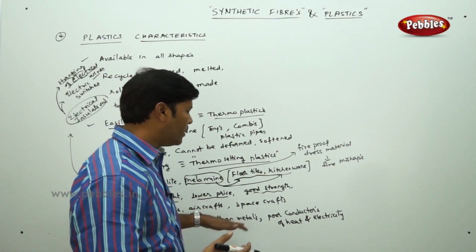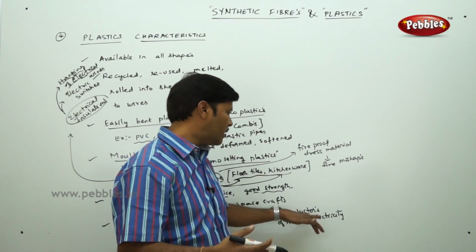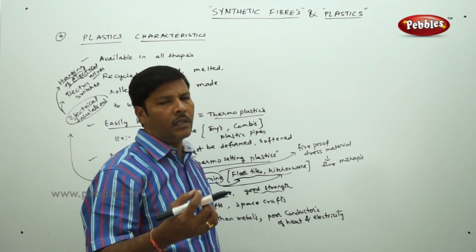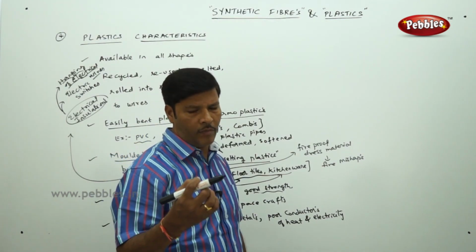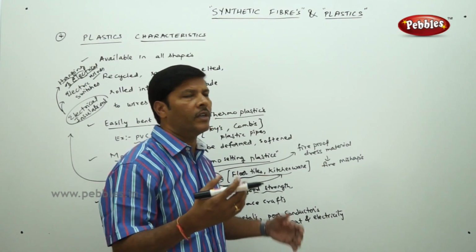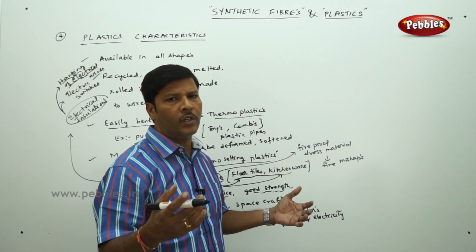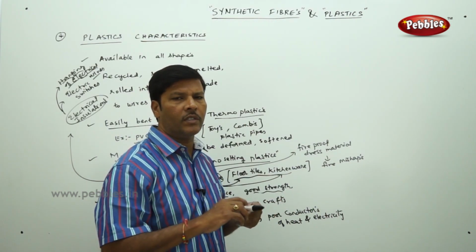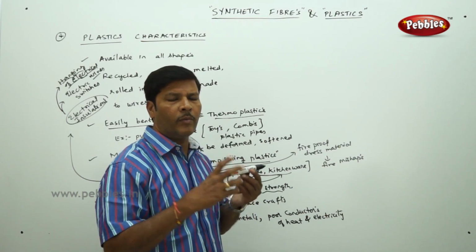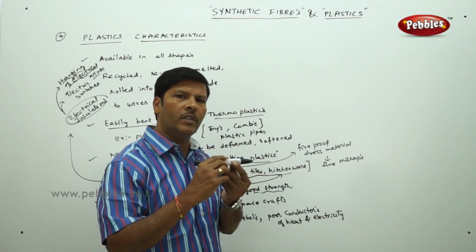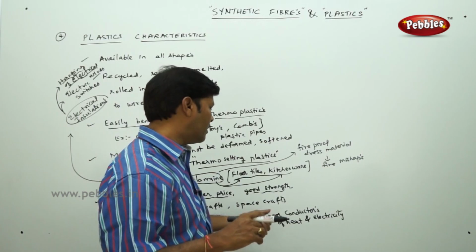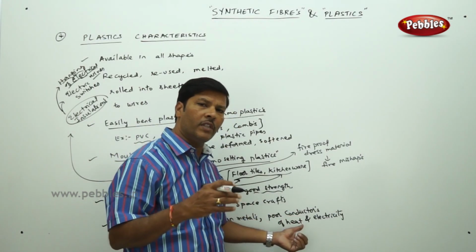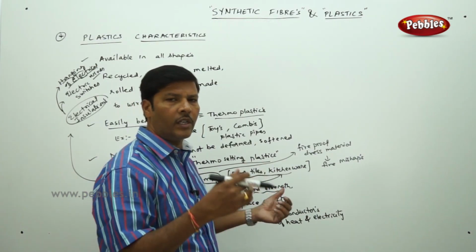Plastics are always cheaper and easy to use, and of course they are poor conductors of heat and electricity. You can see the electrical people handling the connections in the household connections. Whenever they want to operate a conducting wire, they first test it through the screwdriver. The upper part of the screwdriver is fitted with plastic, and that plastic will help the electrician to find out whether the current is passing through that particular area or not.